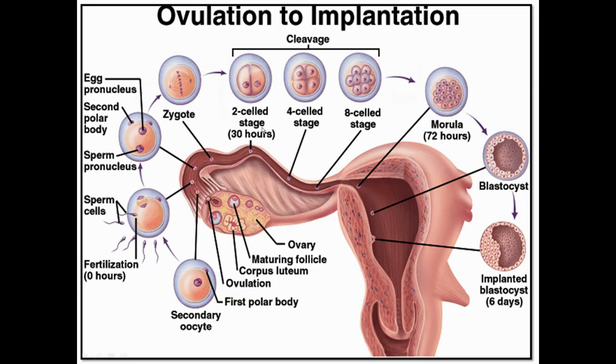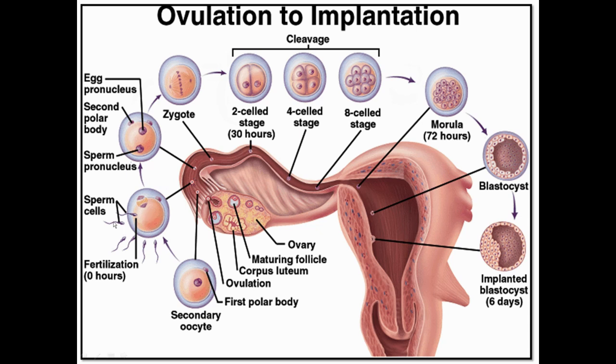Now come to the next part. This is the pictorial view how ovulation takes place and then ultimately led to the implantation. You can see various stages here, the secondary oocyte and first polar body. Then you can see the second meiotic division along with that of the second polar body.